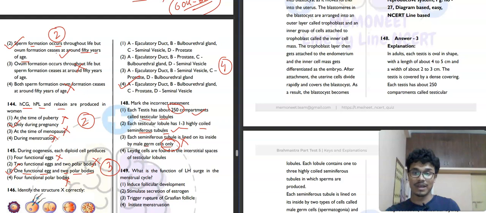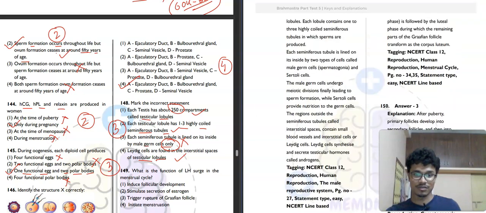It is lined by male germ cells along with Sertoli cells. That's why this is not correct. Leydig cells are found in the interstitial spaces of testicular lobules. It is absolutely correct. So the incorrect statement is the third option. You can also see this is all written here. Sertoli cells. Yeah. This one.